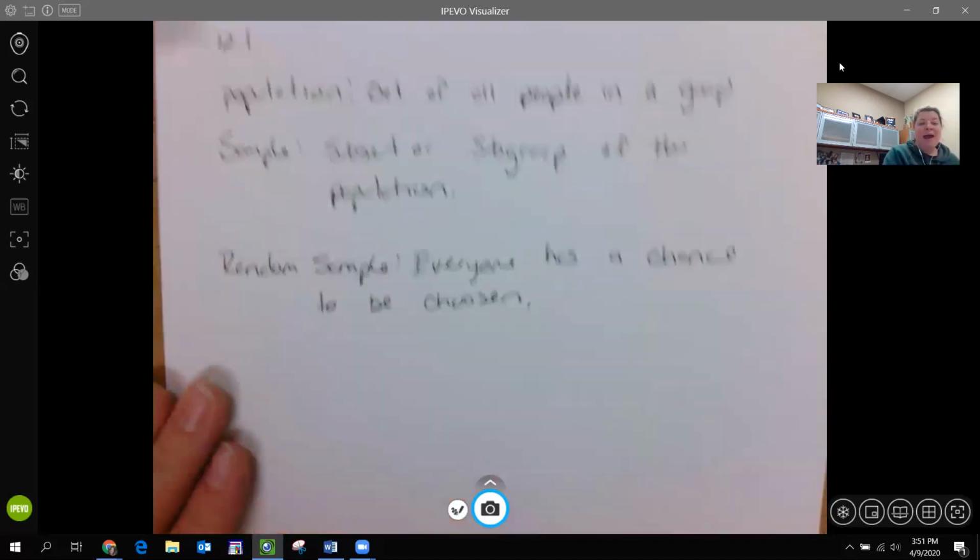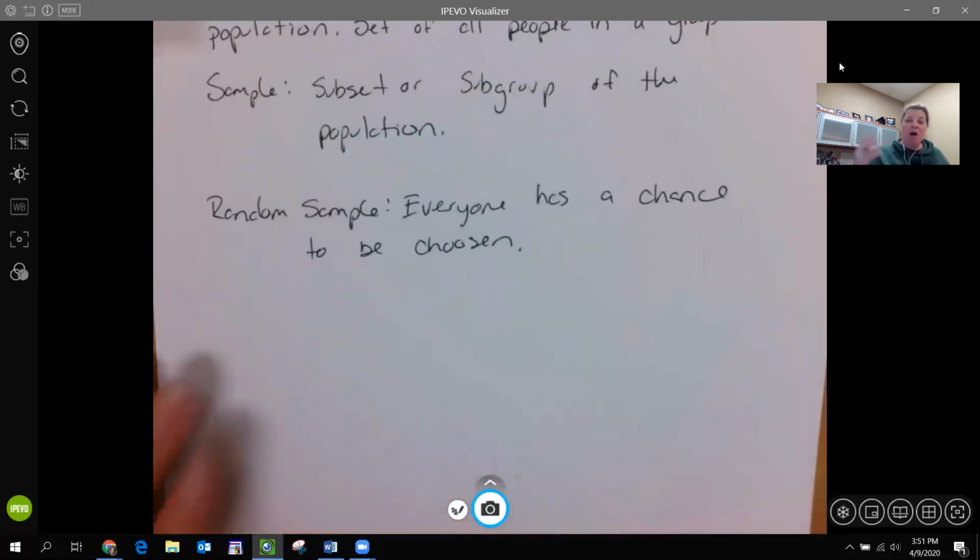A great example of how to sample everyone in Sheridan is that you send a flyer to every fourth person in the phone book, or something like that. Or you go to every seventh house on every street, everywhere. That would be really hard.